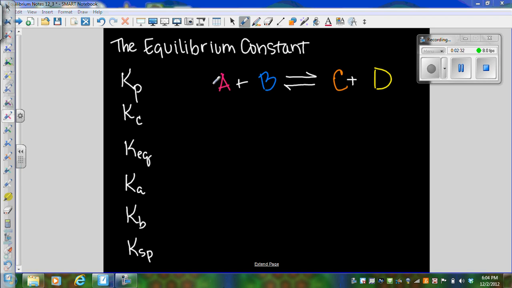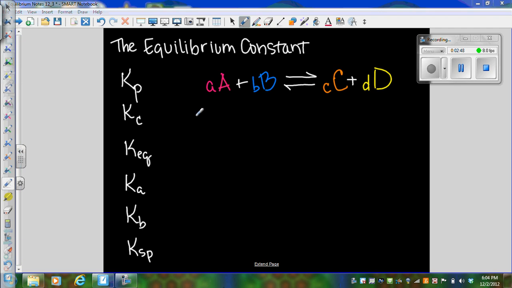Let's make A's little a, B's little b, C's little c, and D's little d. And so these are representing coefficients in the balanced equation.